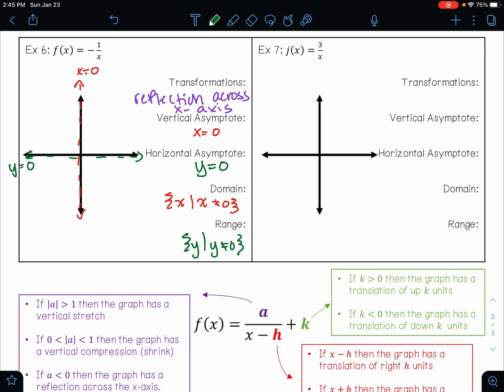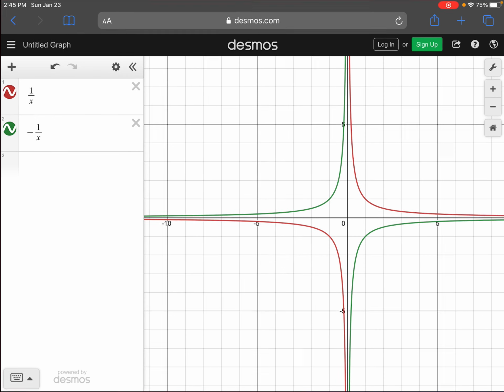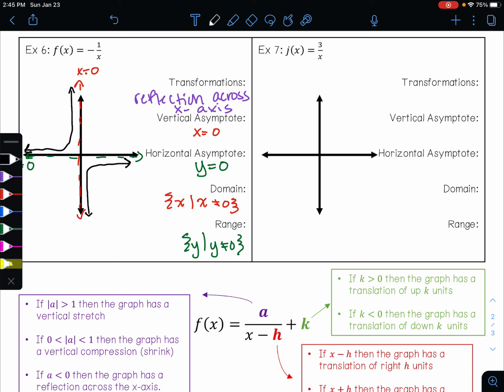If you notice, our major change here was what quadrants our graph is in. Our graph is now in quadrants 2 and 4. So we're going to get very close to those asymptotes, but we will not cross or touch them.